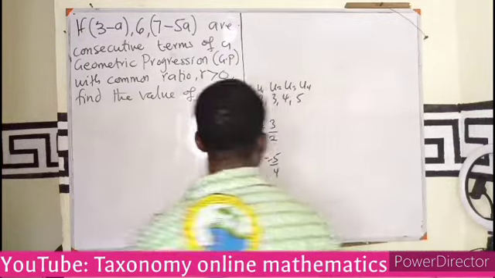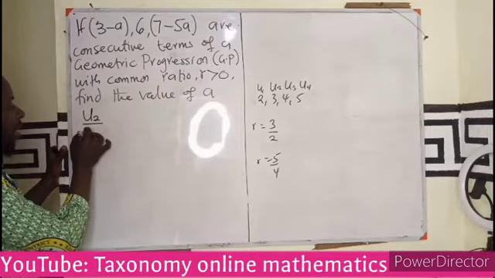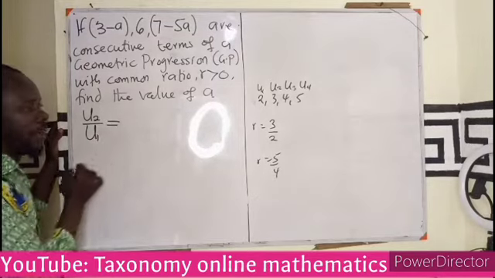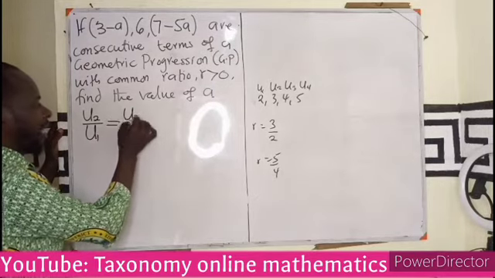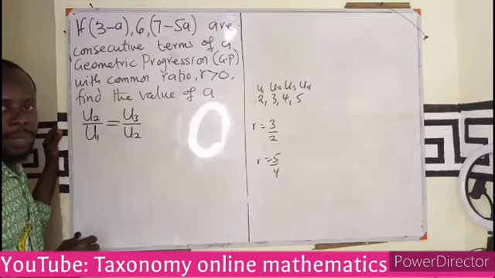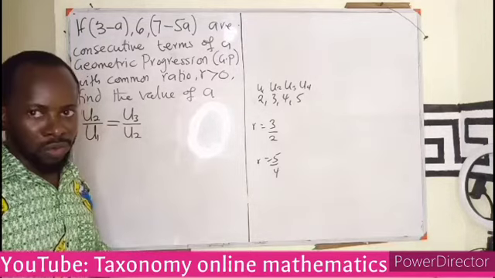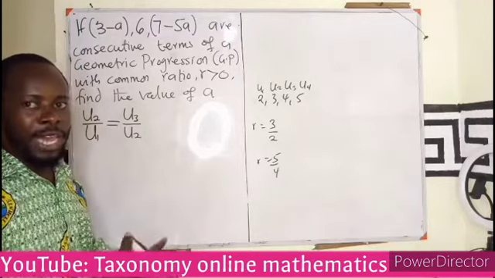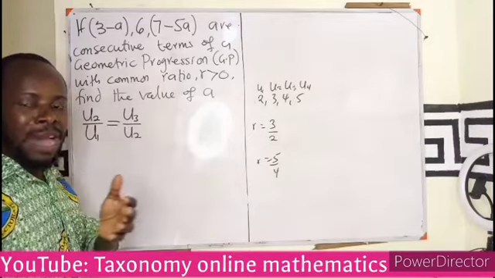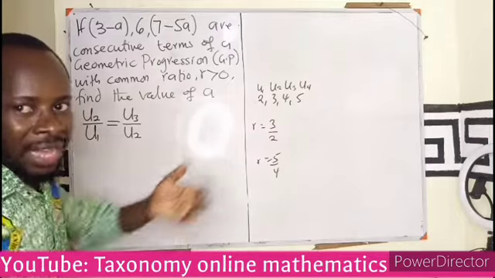So the second term over the first term, the common ratio, will be the same as the third term over the second term. I believe you've gotten the concept. The same thing for AP, common difference: the second term minus the first term.